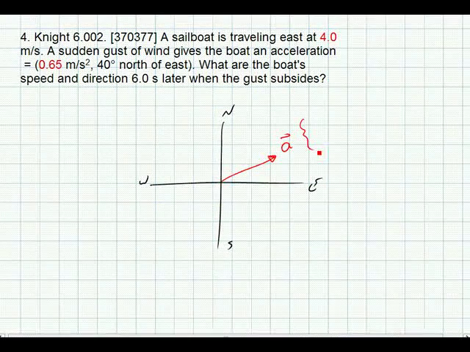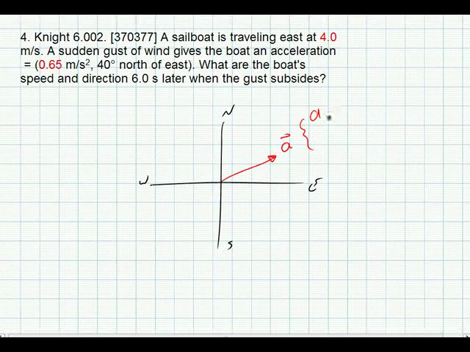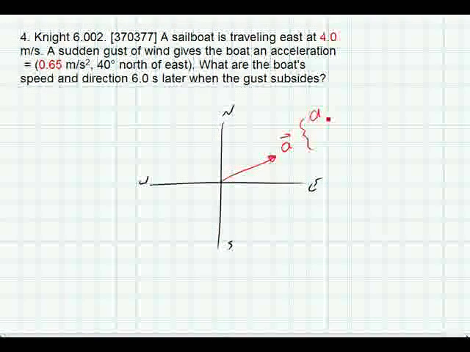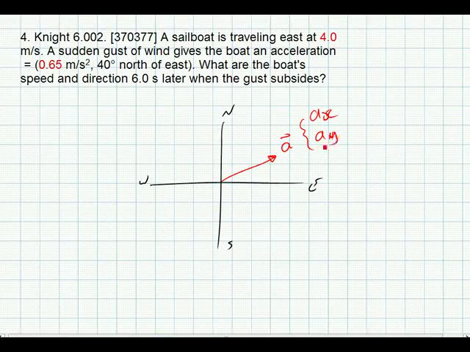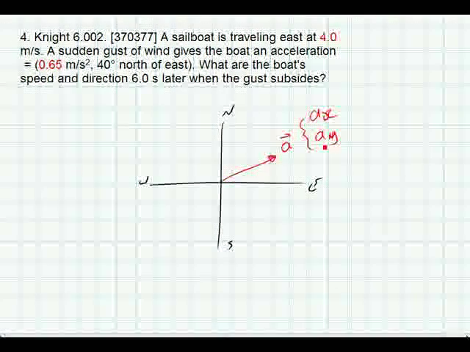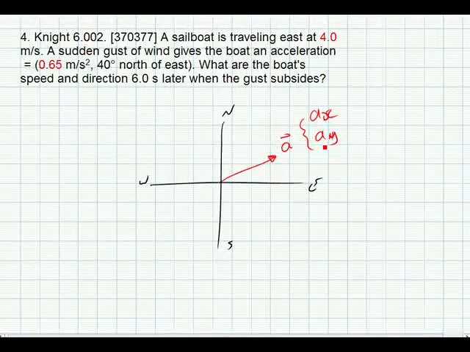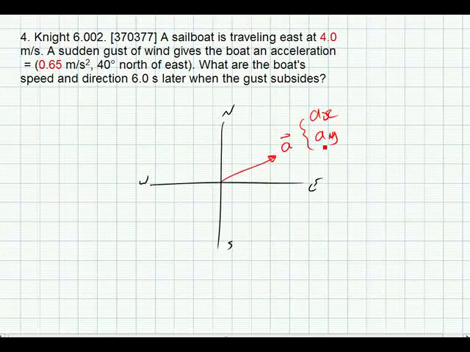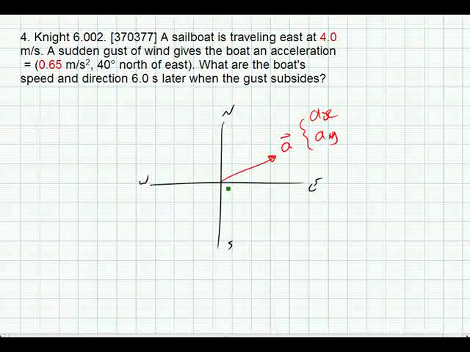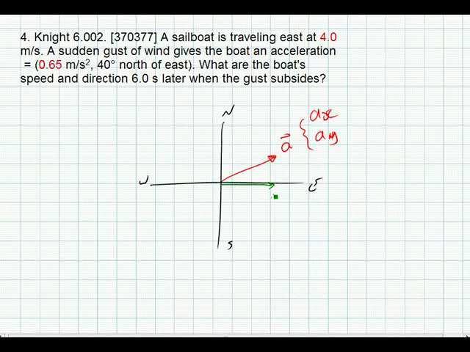From this acceleration vector, figure out what a east and a north are, or in other words what ax and ay are, and the velocity vector is given. The velocity vector is traveling east, so our velocity vector is like this. So that's our velocity vector.